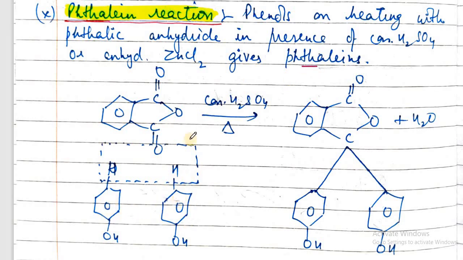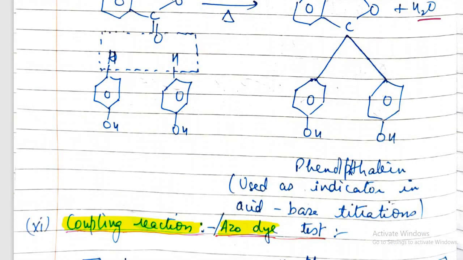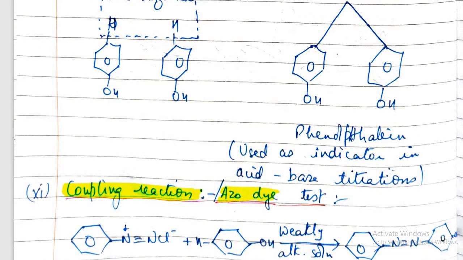So two molecules of phenol react with phthalic anhydride in the presence of concentrated sulfuric acid and get dehydrated, that is, water is removed, two hydrogens from phenol and one oxygen from phthalic anhydride. This water is removed and these rings form a bond directly with carbon and this reagent is phenolphthalein. It is used as an indicator in acid-base titration. As we already know, phenolphthalein is colorless in acidic medium and it is pink in basic medium.